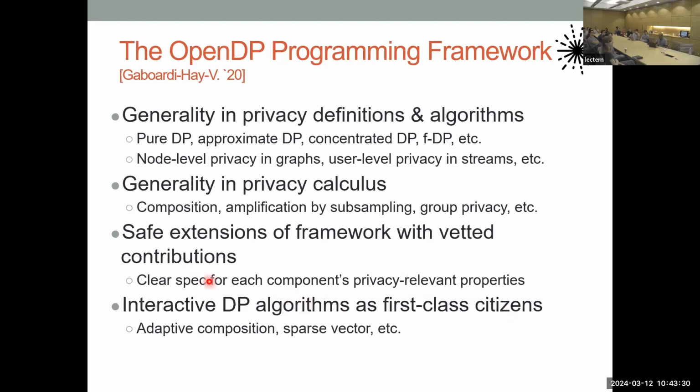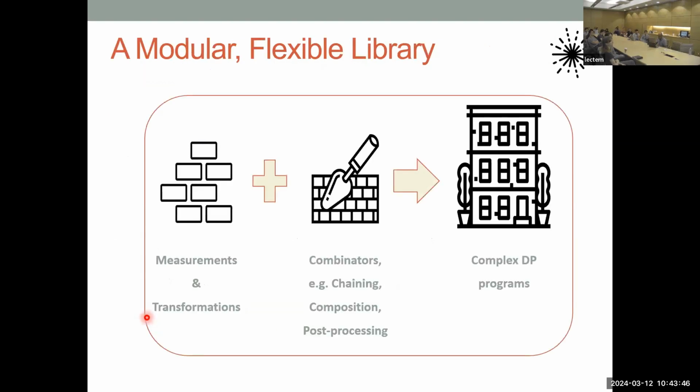And a final feature that relates to what I brought up in the beginning of the talk: we chose to make interactive DP algorithms first-class citizens in this framework, and that raised some interesting new research questions.